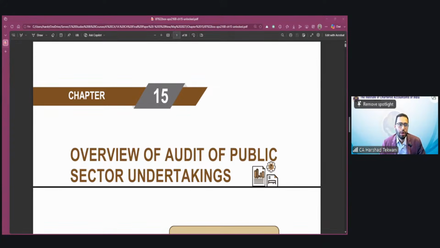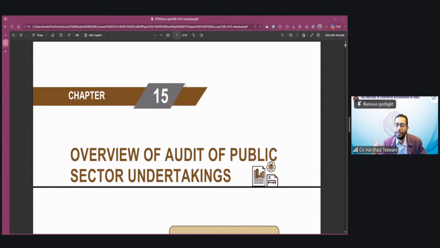Here, we will get an overview of how the audit of the public sector undertaking is performed. In this particular chapter, we will understand the scope of what a public sector undertaking is, what government audits are, the principles of PSU audits, and how PSU audits are carried out.